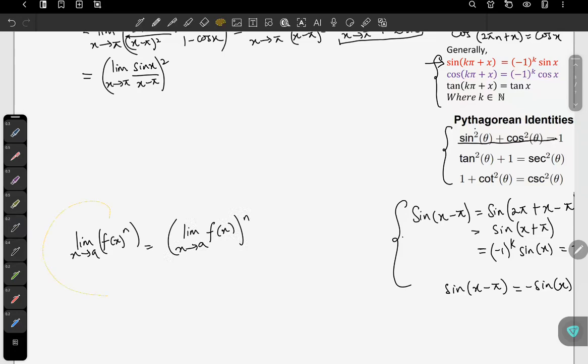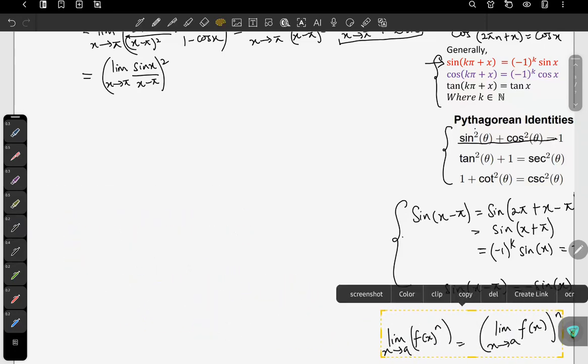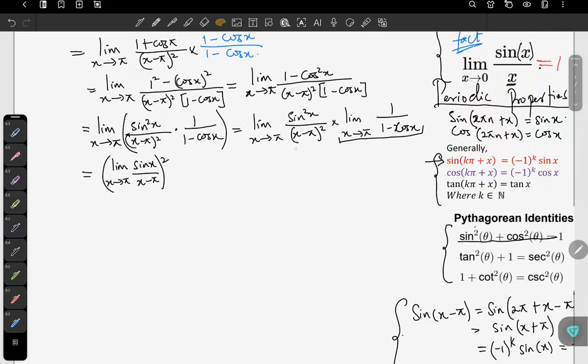That is another fact. So we've used that for the square expression here, and this is times the limit as x approaches pi of 1 over 1 minus cos x.